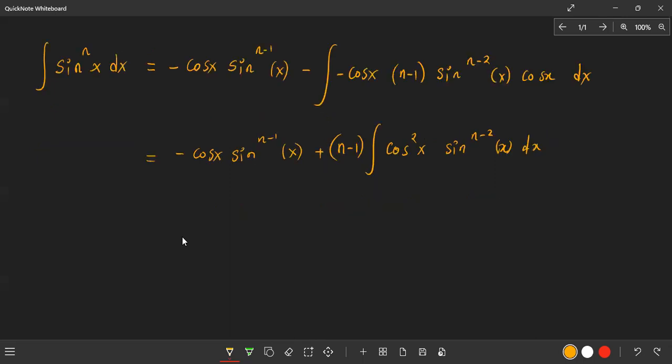Now again, just like the previous problem, introducing this cos squared x makes everything complicated. So I have to find a way of getting rid of this cos squared x. I have to write cos squared x in terms of sine. So how do you do that? Use the identity of cosine and sine.